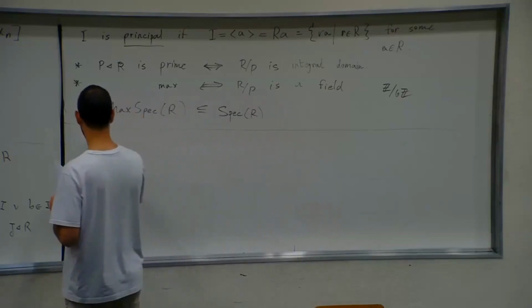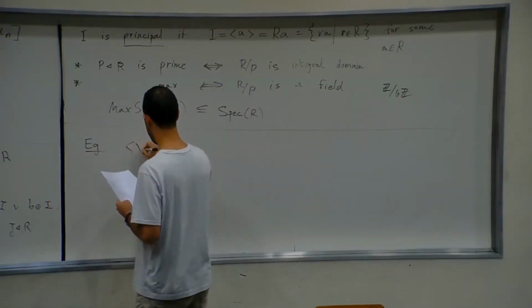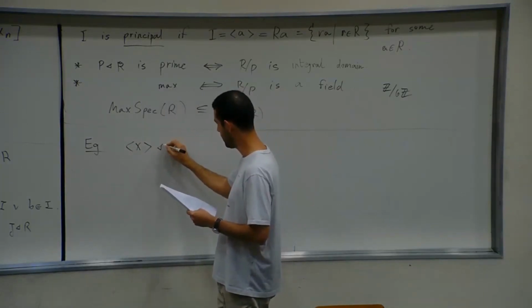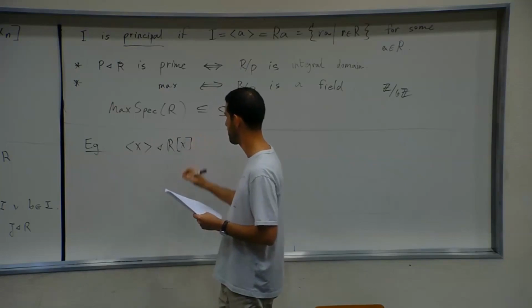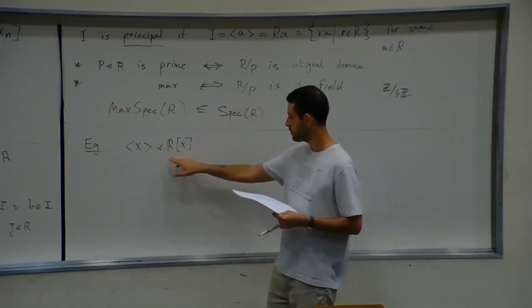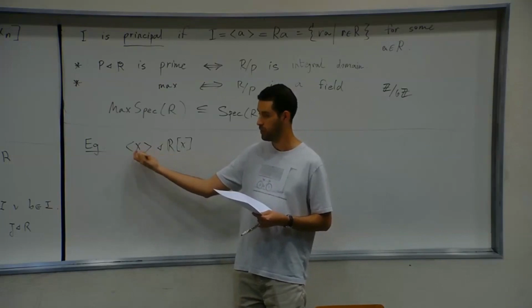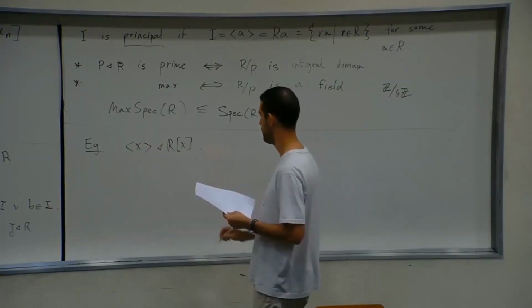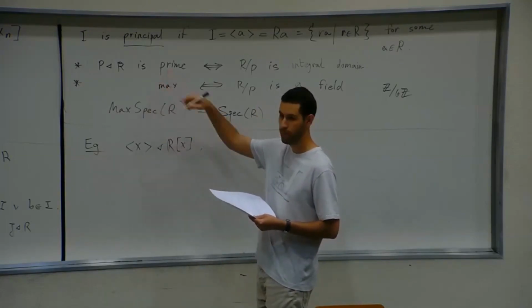So for example, the ideal generated by X in R[x], all the polynomials that are multiples of X with real coefficients. Is this principal ideal maximal or prime?